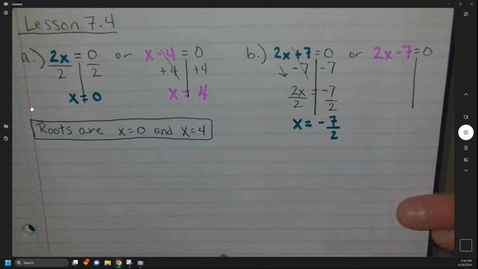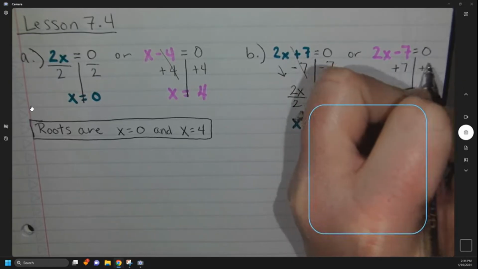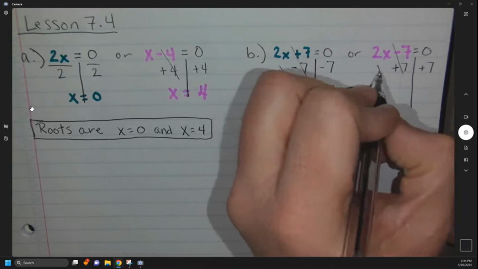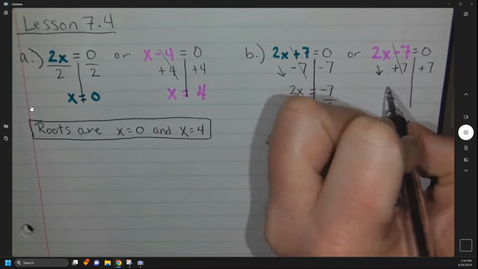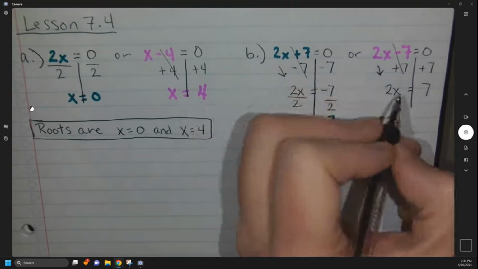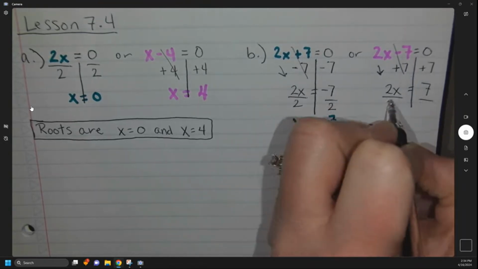All right, on this side, we're going to add 7 this time because it had started out as subtraction. Negative 7 plus 7 is 0. Bring down our 2x. 0 plus 7 is 7. Divide both sides by 2.